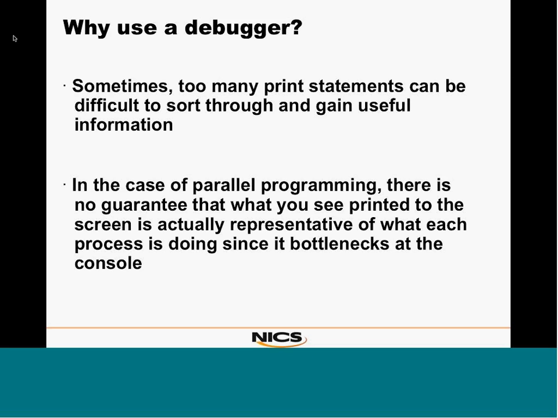The other thing that's interesting is in the case of parallel programming, and I'm going to posit this as primarily OpenMP, there's no guarantee that what you see printed on the screen is actually representative of what's happened. Often what you have is the buffer. Even if you flush the buffer every time, the OS has to choose which thread buffer to flush out to the screen first.